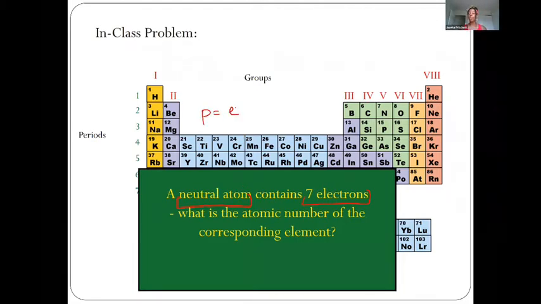So therefore, we must have 7 protons. If we have 7 protons, that is nitrogen. So you must take that step process to make sure that you're actually identifying the element based off the proper number.